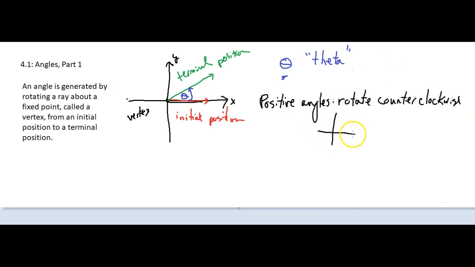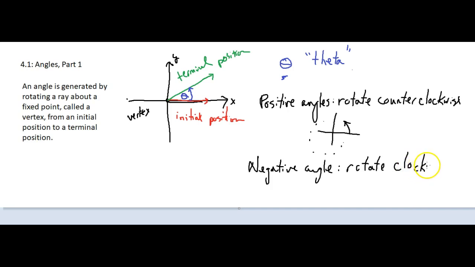If this is my XY axis, they begin here and rotate up in this direction. And later we'll see that continues around like that, right? Negative angles then rotate clockwise. All right, that looks more like this. From the initial position, which is the positive X-axis still, they rotate this way.